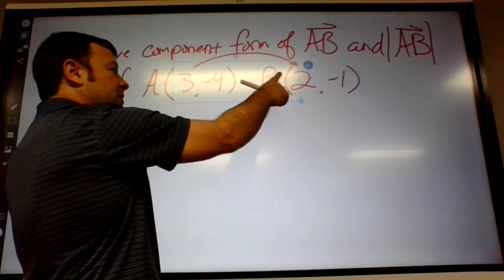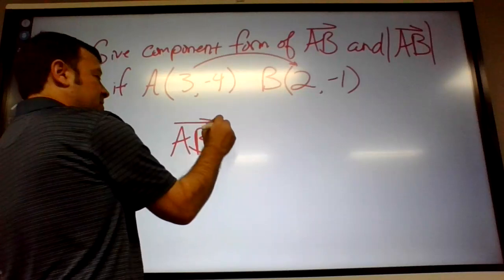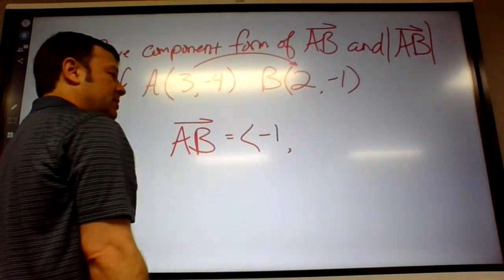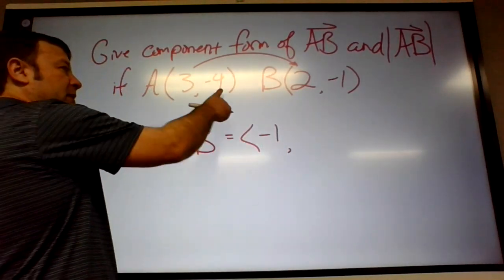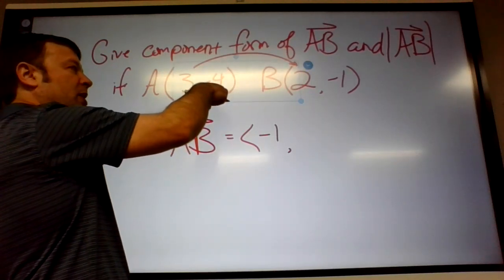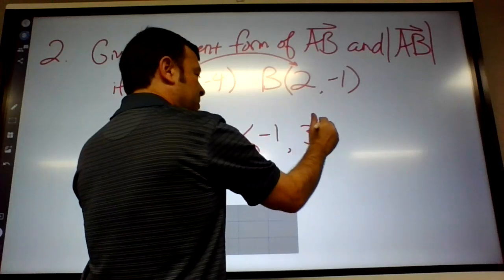From 3 to 2, we're going down 1. So the x component is -1. How far are we moving in the y direction? This one might trick us. From -4 to -1, that's going up 3, so that'd be a +3.